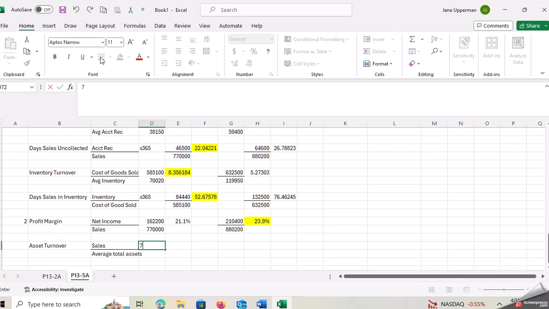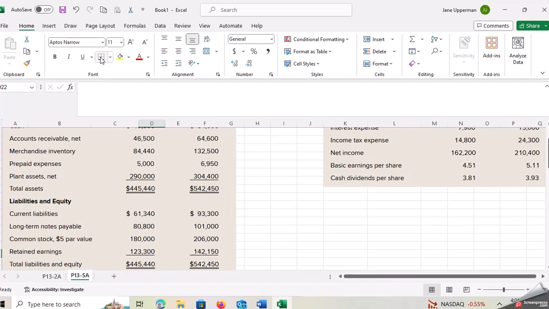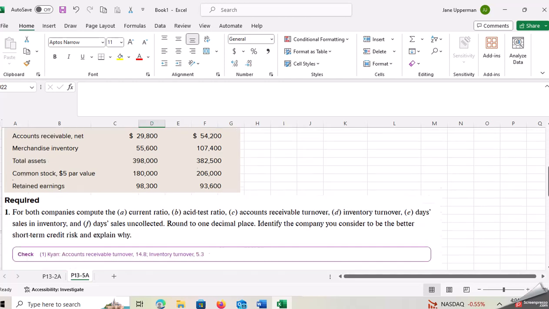So the sales are 770,000. And then our average total assets, we'll have to compute. So if we go up, our total assets are 445,440. And then it tells us here that our beginning balance was 398,000.